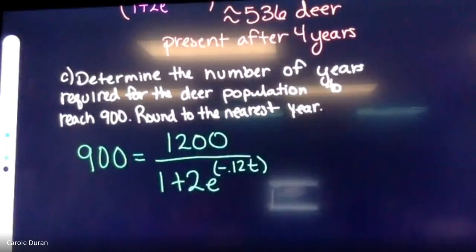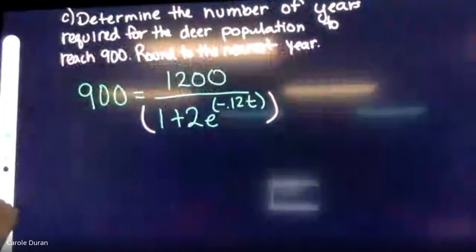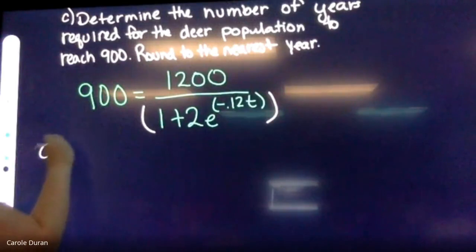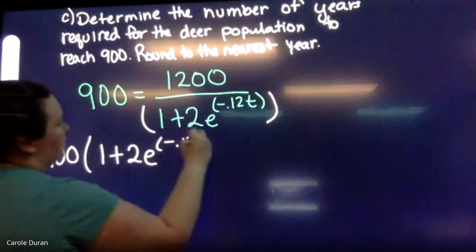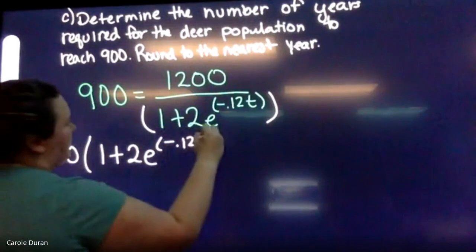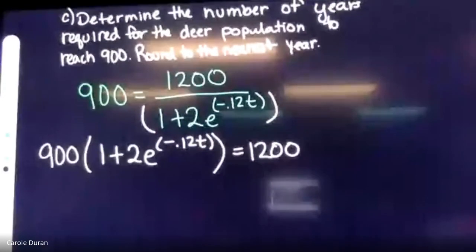I'm going to multiply this whole denominator over with the 900. Actually, it might be easier to distribute the 900. So it becomes 900 times 1 plus 2e to the negative 0.12t equals 1200. I'm going to distribute the 900 into that.